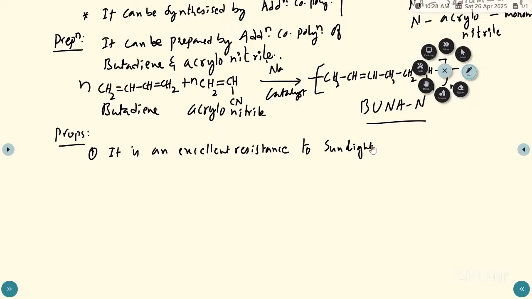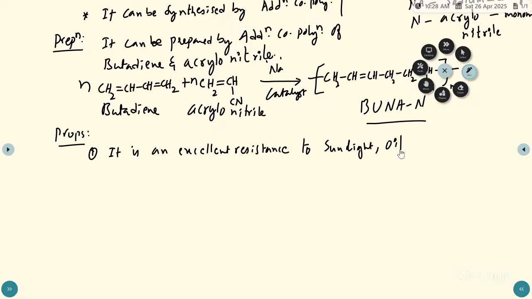Generally, polymers undergo photodegradation when exposed to sunlight. But Buna N is excellent in resistance to sunlight and oils.